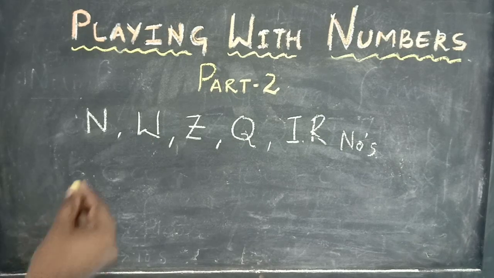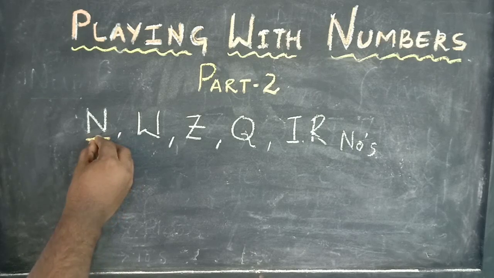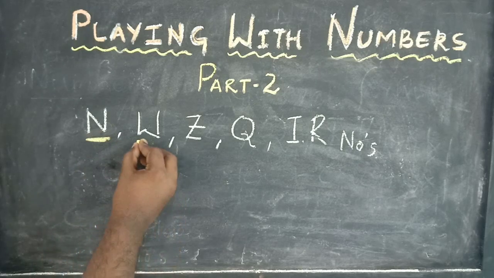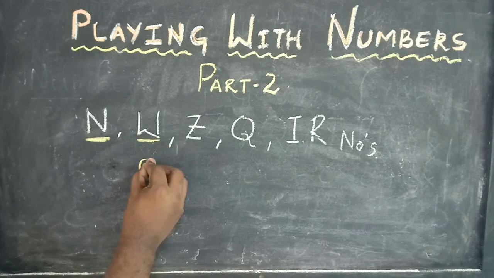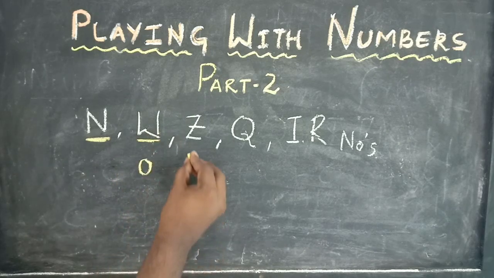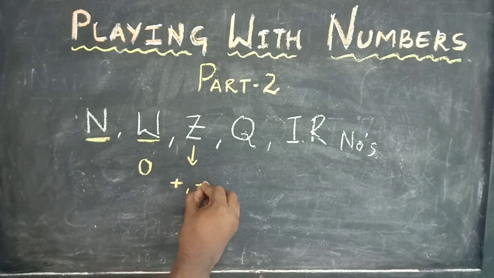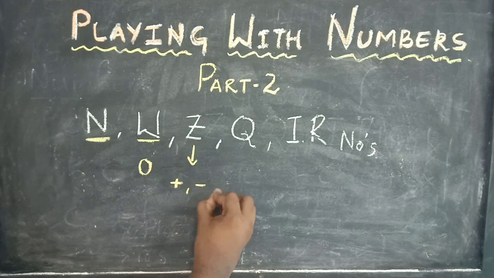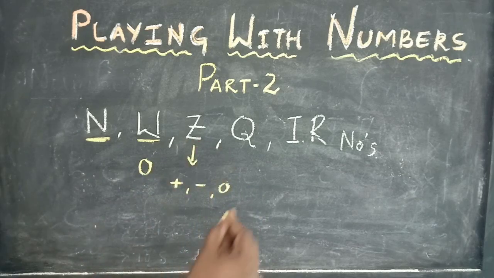Students, the set of all the counting numbers is called natural numbers. All the counting numbers including 0 are called whole numbers. All the negative numbers, positive numbers and 0 are called integers.